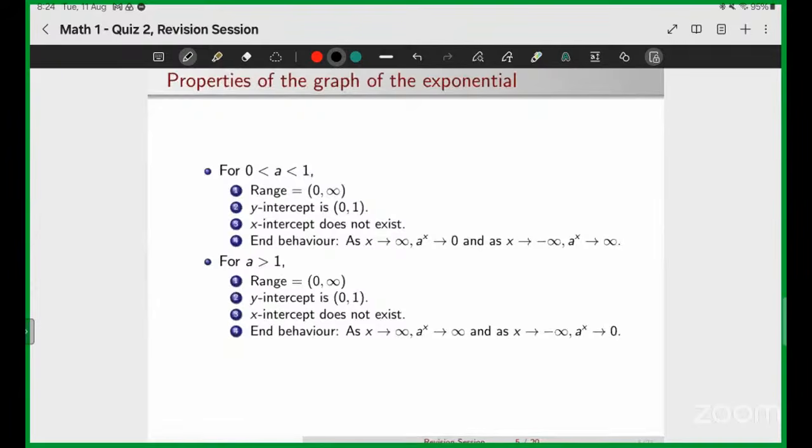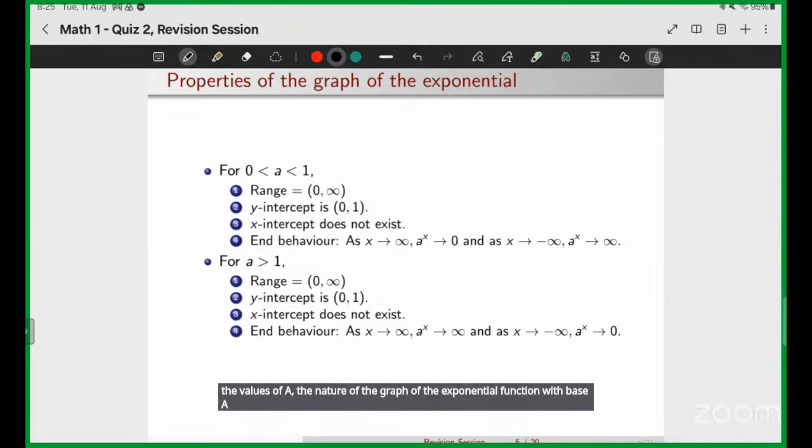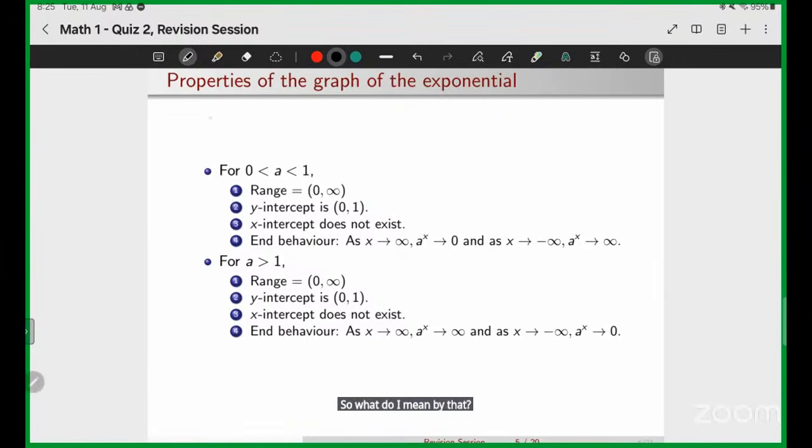Now, depending on the values of a, the nature of the graph of the exponential function with base a will be different. So what do I mean by that? You are allowed to take a anywhere from this interval, and you can define the function f of x is equal to a to the x.